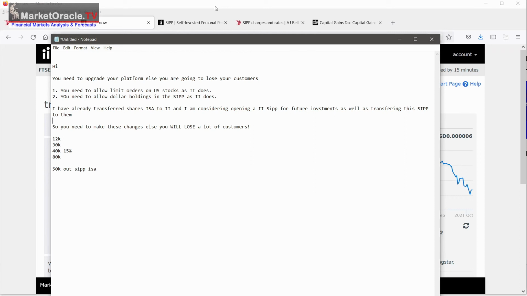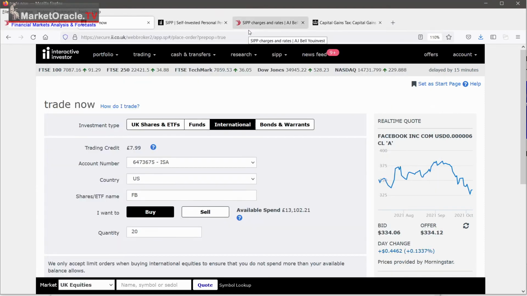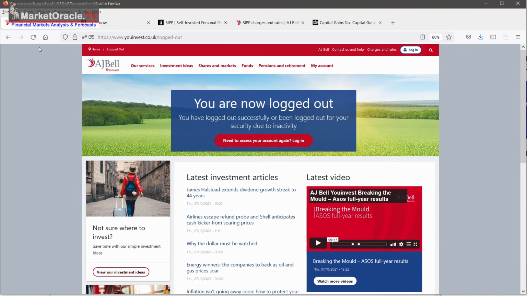And there are differences between the two platforms, like I've just shown you. AJ Bell only allows you to buy US stocks, probably 5 or 6, without limit orders on London. Whereas II doesn't allow you to do that. That's a negative.